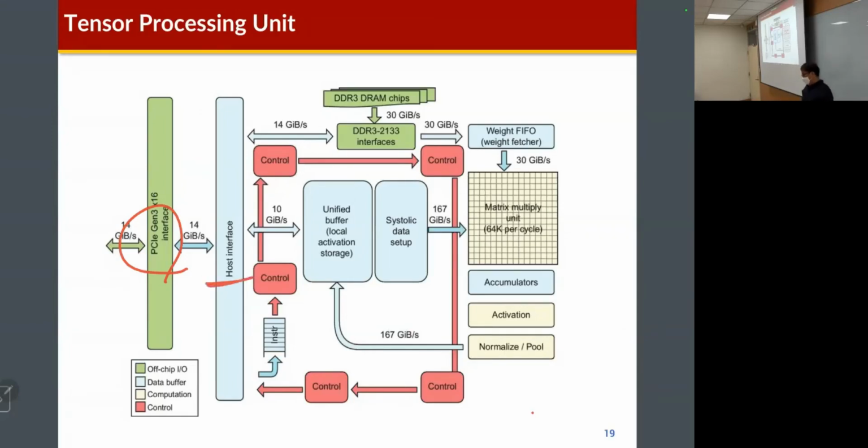The host interface just manages the data transfers between host systems, and then TPU has its device memory. This is the first version of the TPU, which uses DDR3 DRAM. Somewhat old.